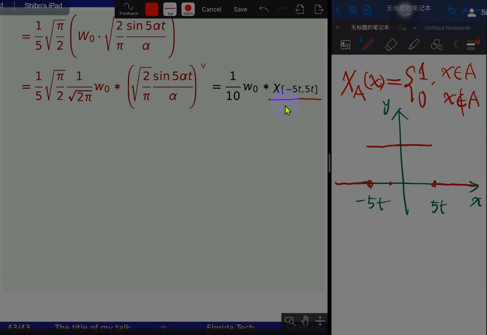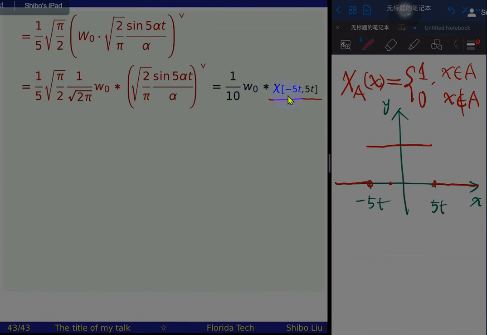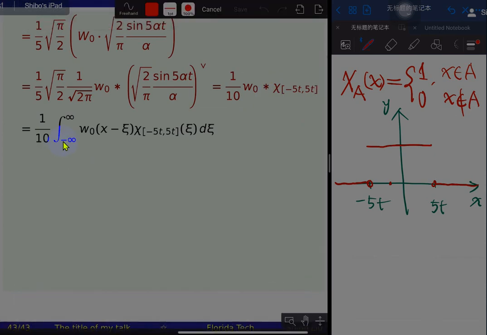Now we need to write this convolution as an integral. By the definition of convolution, the convolution of w0 and this chi equals the integral of w0(x minus ξ) times the value of chi(ξ), integrating from minus infinity to infinity with respect to ξ. That is the definition of convolution. The constant comes from simplifying the coefficient in front of this convolution.